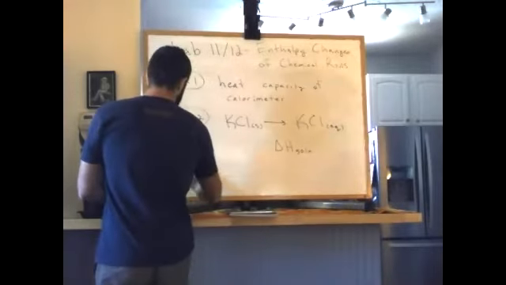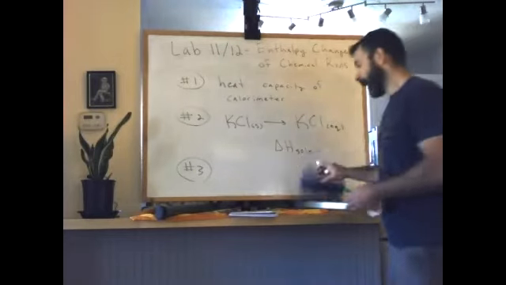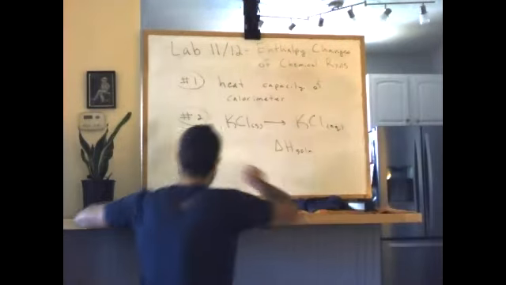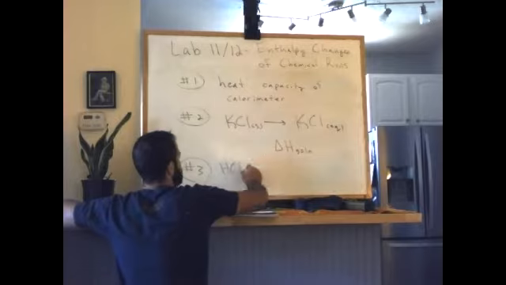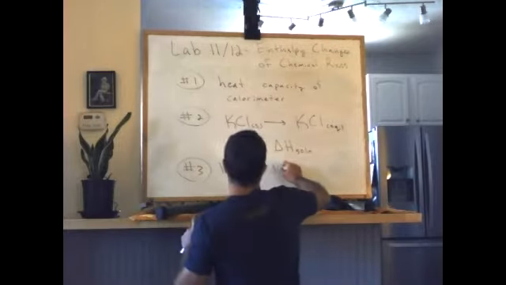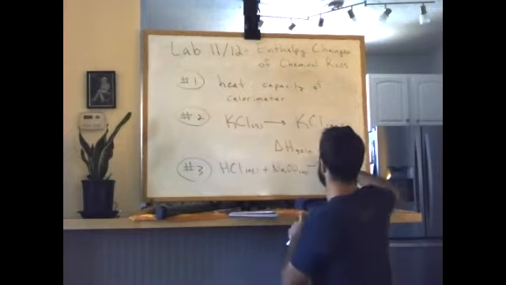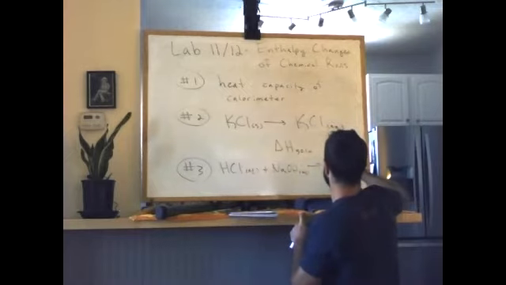Part 3 of this experiment, we are trying to study the heat of another chemical reaction, and we're going to find the heat of this acid-base reaction. So you take some hydrochloric acid, you react it with sodium hydroxide. It is a neutralization reaction because you make water and a salt, in this case, NaCl.